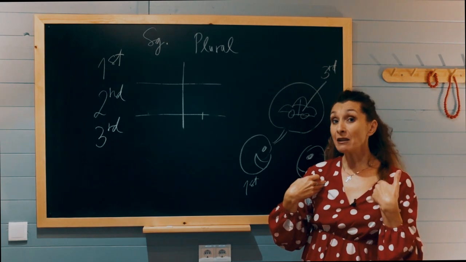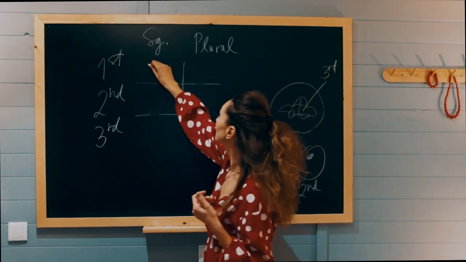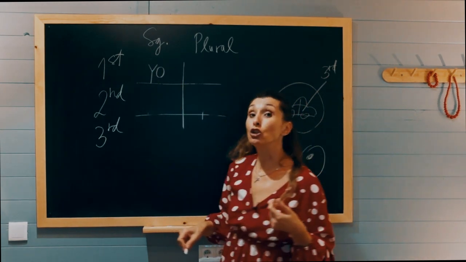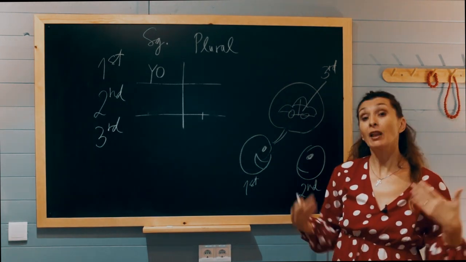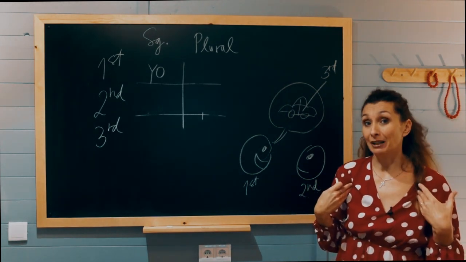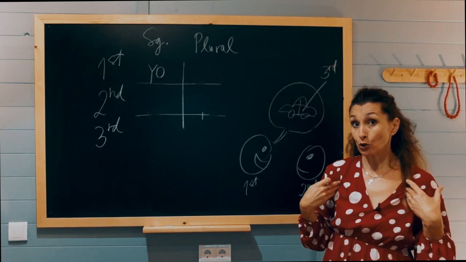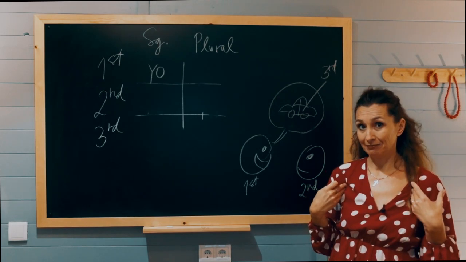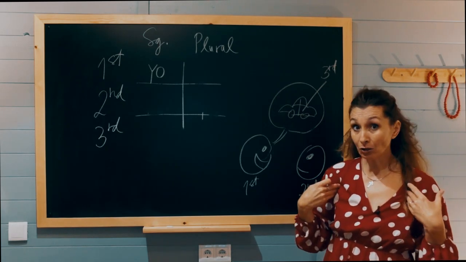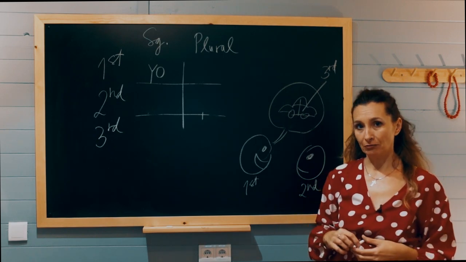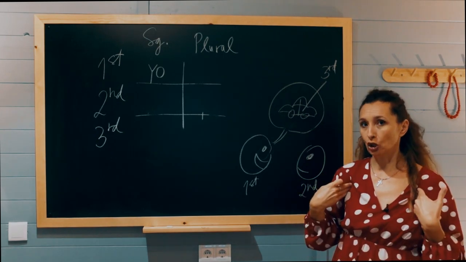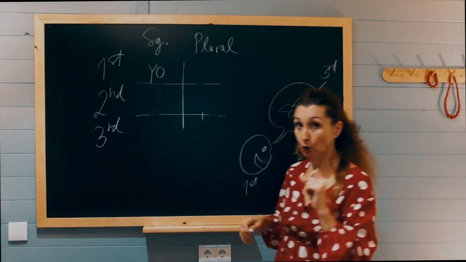So, I in Spanish is yo. Yo soy Iva. Yo soy croata. Yo hablo español. Okay? Yo. I.